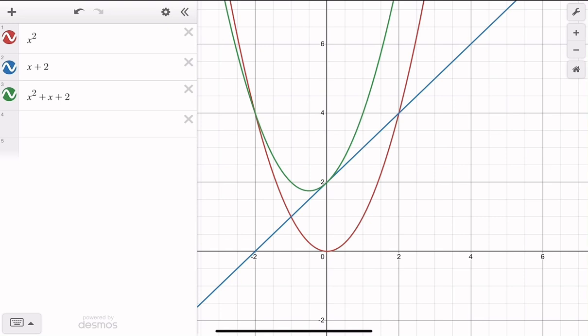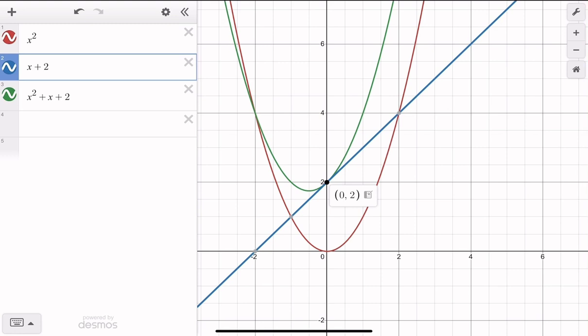So if you look at 0, we have f of x being x squared is 0 right here. And for the blue line, we see that at x equal to 0, the value is 2. And the value for the green line is also 2, which makes sense because 2 plus 0 should be 2.